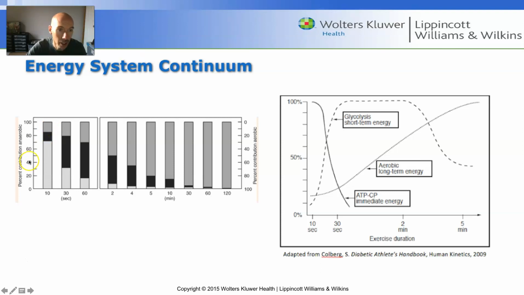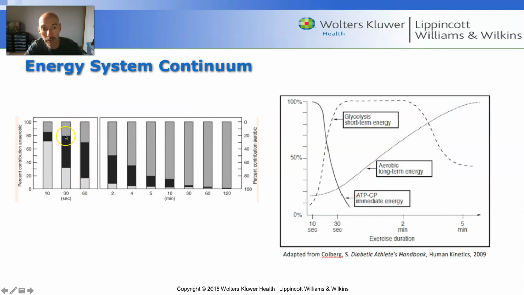As we then move on to the 30-second time period, the primary contributor now is glycolysis, as we've talked about, and that continues for the 60-second period as well. But we're still getting some contribution from phosphocreatine here and aerobic here.